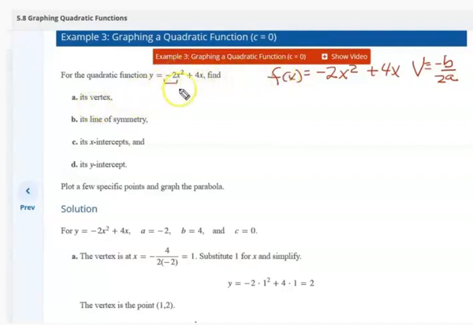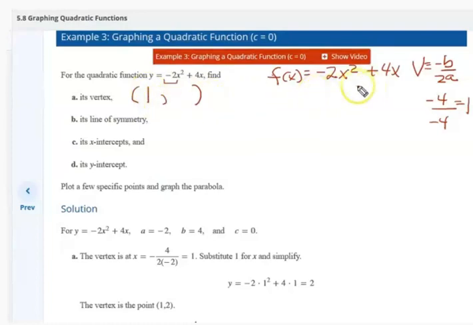So let's find the vertex first. So we have a negative b. Now b is 4, so a negative b would be a negative 4. And our a term is negative, so negative 2 times 2 is a negative 4. So our x-coordinate of the vertex is going to be a positive 1.